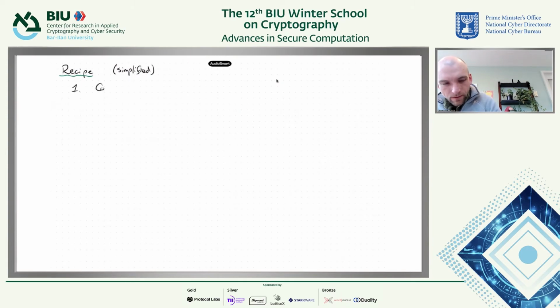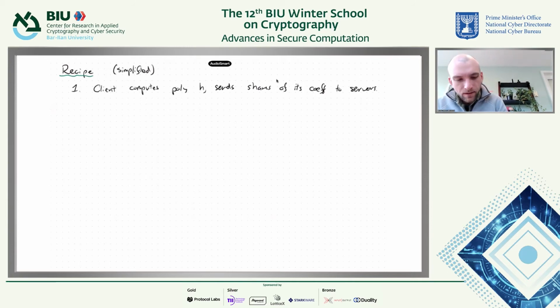The client in this protocol computes this polynomial h and sends shares of its coefficients to the servers. So that's the proof. The proof is shares of the coefficients of this polynomial h. And this requires something like n field elements.